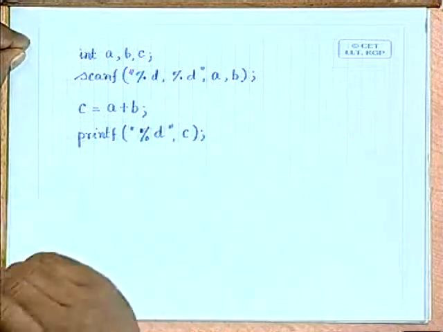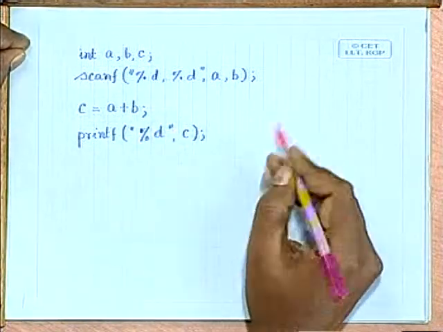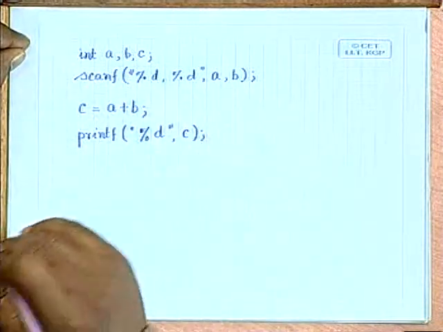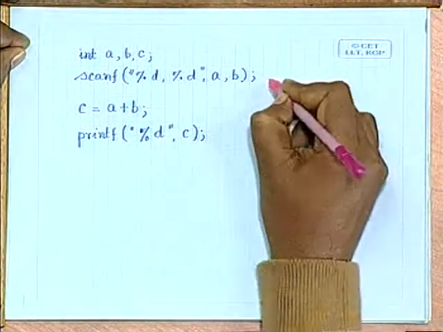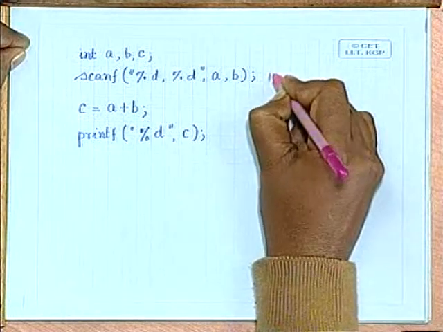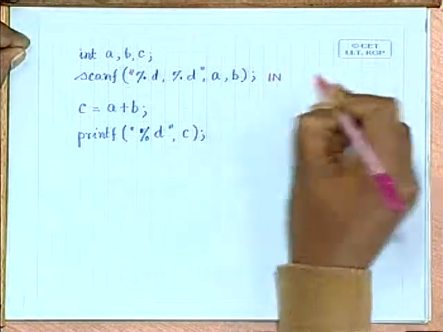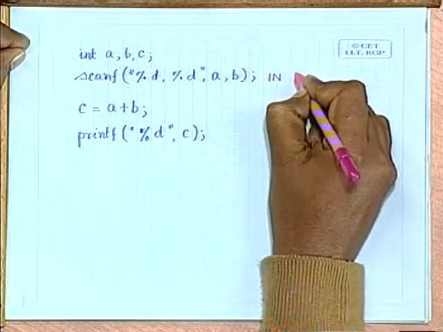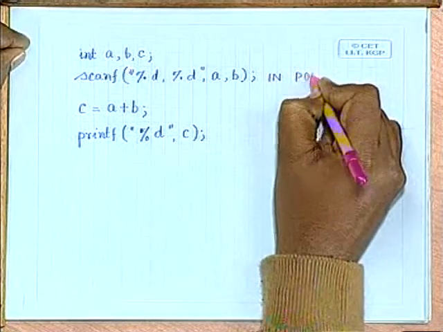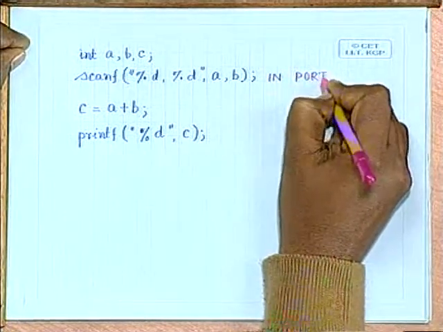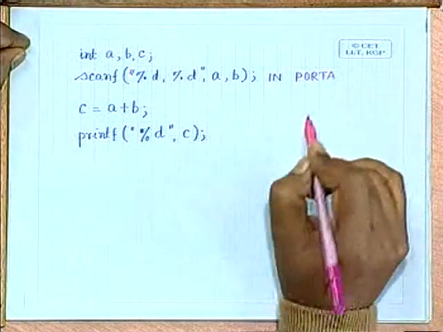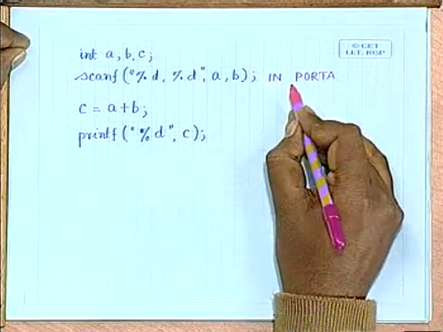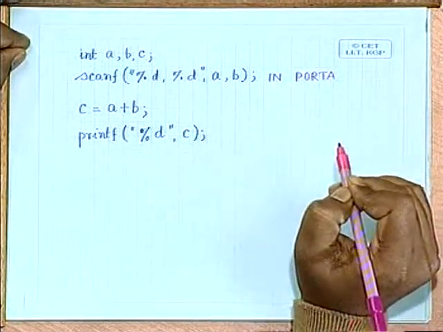If I convert this to assembly level instructions, this particular high level instruction will be converted to a form like this. IN from some port, let us name the port as port A. So, from port A, some data will be read in. The data will go to some register within the CPU of the computer.